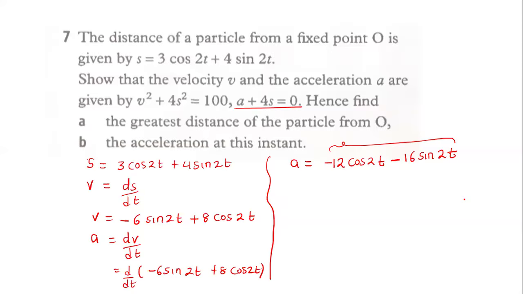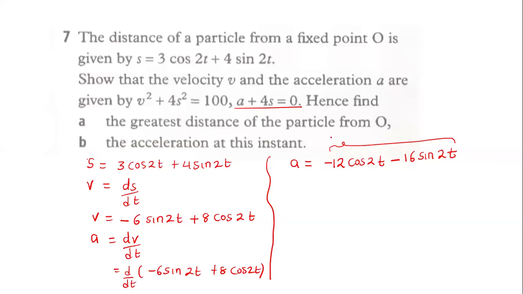Look again. What is similar in S and is similar here? We start from there. Cos 2t. Cos 2t, good. What else? And then sine 2t. Very good.